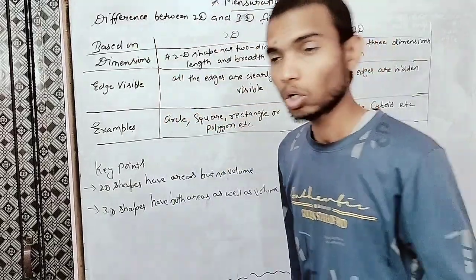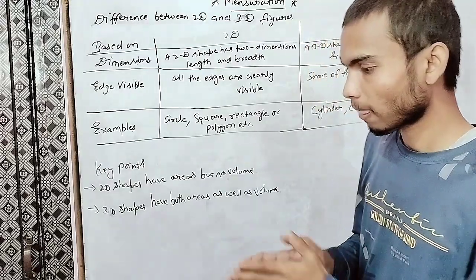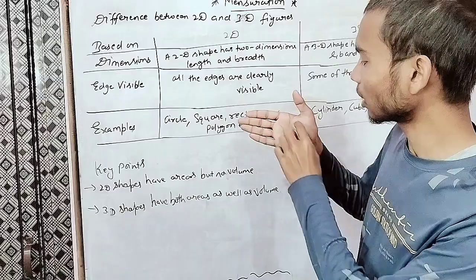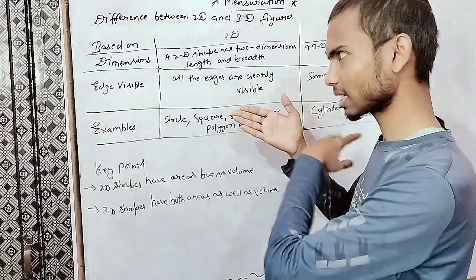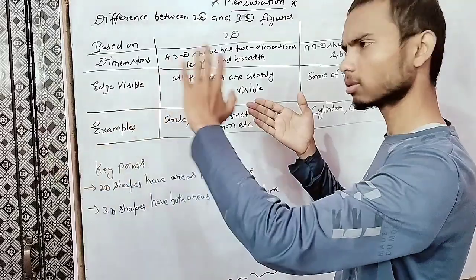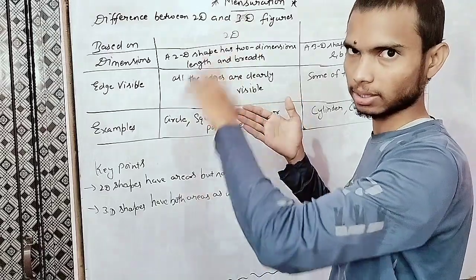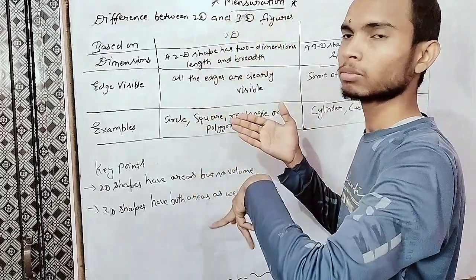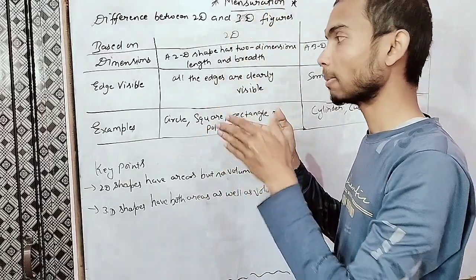As I told you, the Z-axis is also a direction. The object can move along the x-axis, and this is a direction, and the same object can move along the y-axis, which is upward and downward.